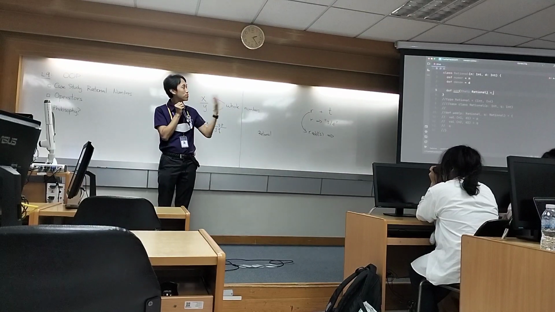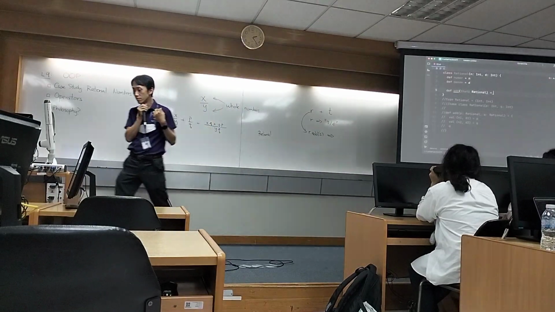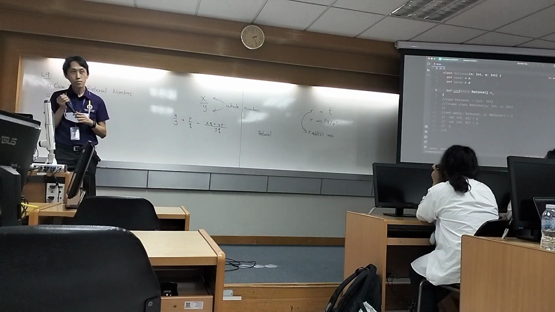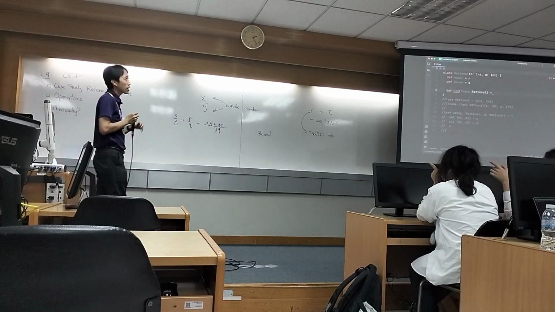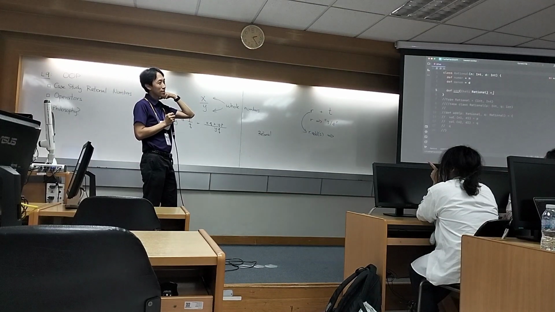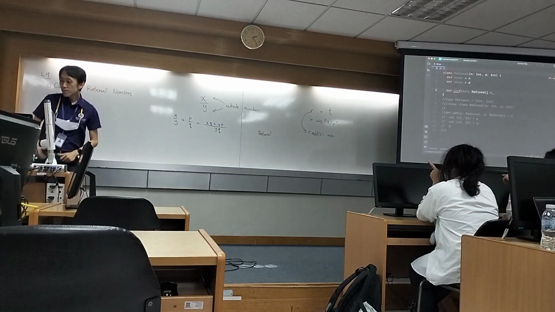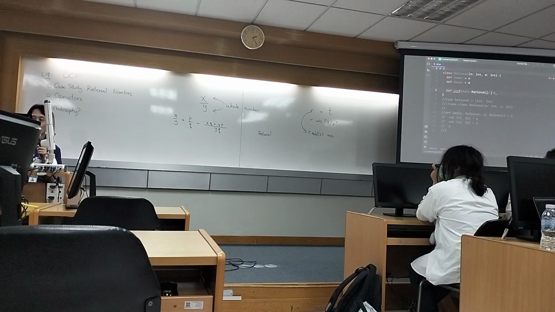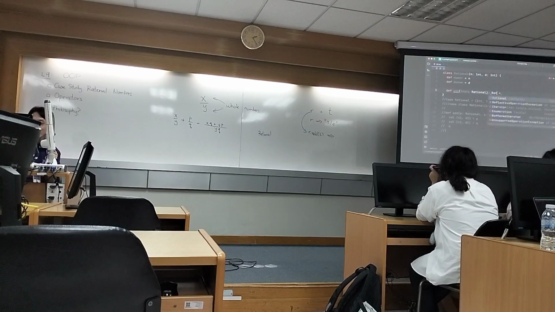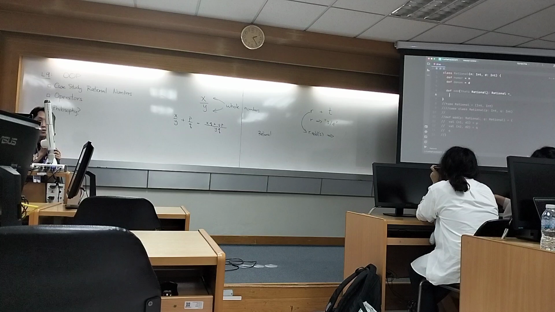What do I do? How do I accomplish this? Oh, by the way, what should we expect as the return type? Nothing other than rational. Makes sense, right? How do we actually implement it?